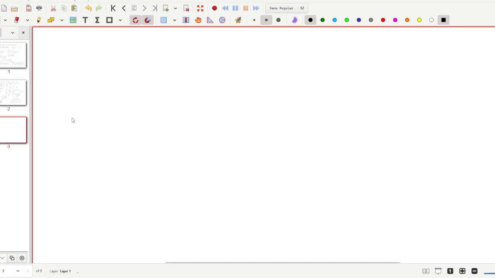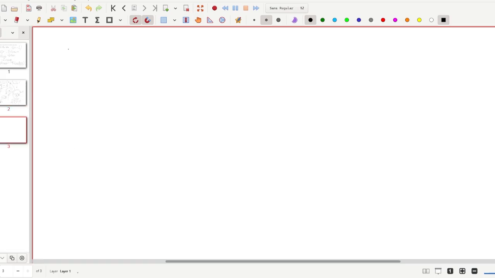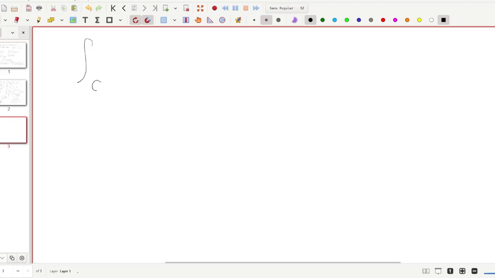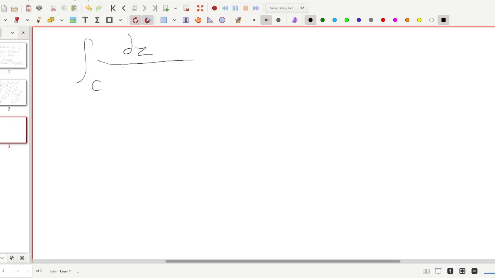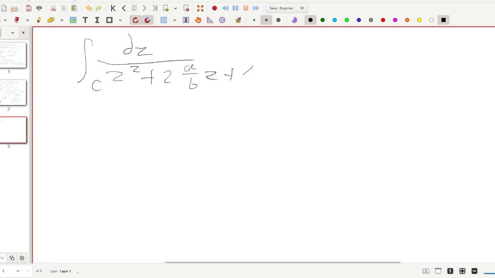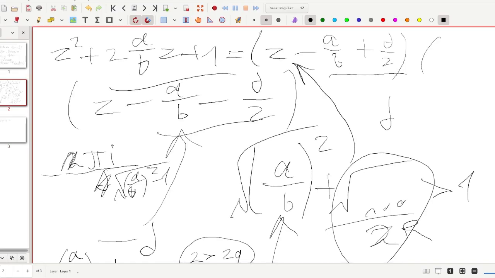Alright, and now that we have this on hand, we know that the contour integral over the complex circle of 1 over z squared plus 2 times a over b times z plus 1 in the denominator is going to be equal to what again?